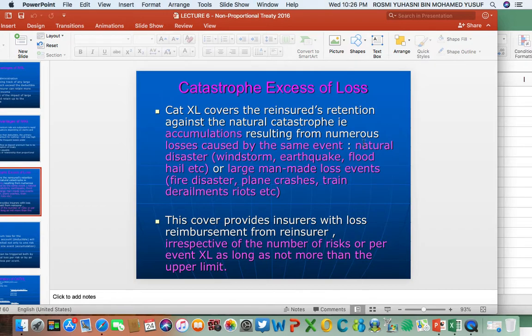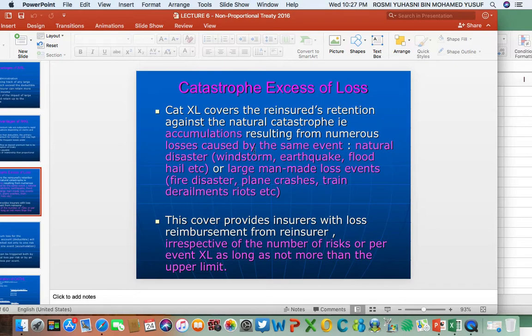This event can be a natural disaster, such as a flood. In Malaysia, we have seen floods occur many times. Earthquake, landslide, windstorm are not very common in Malaysia. Hail or tsunami are also events caused by natural disaster.